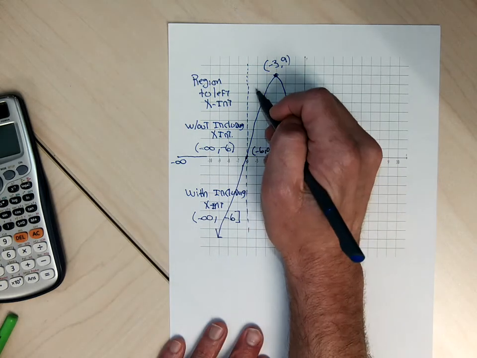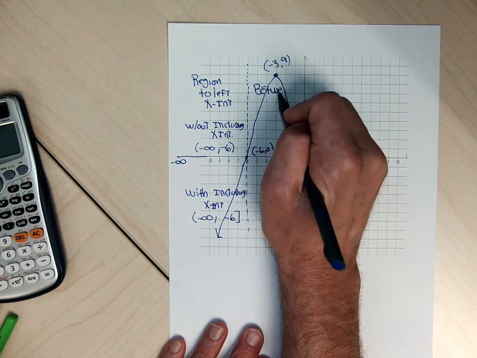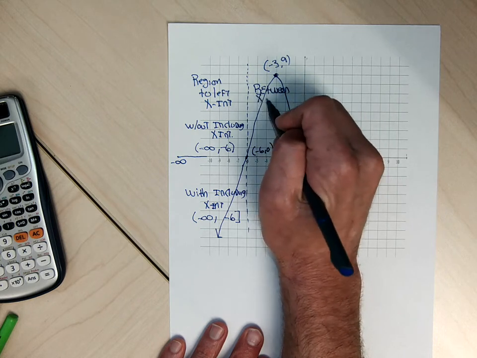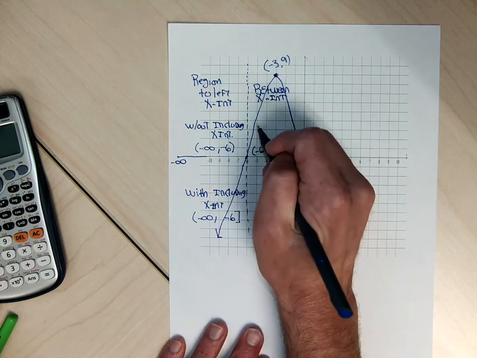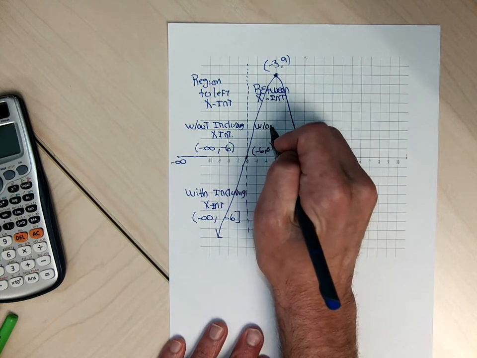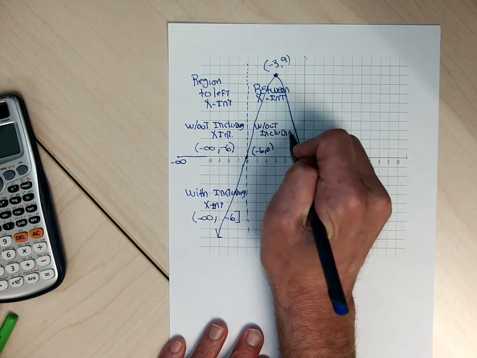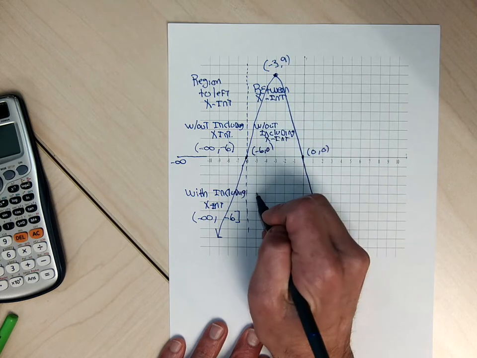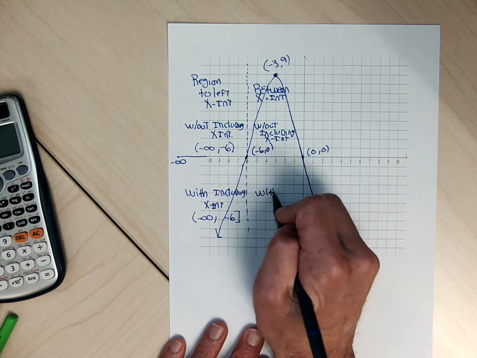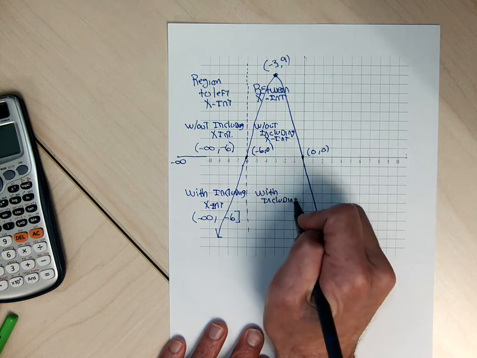Next, I'm going to describe the region between the x-intercepts. And I'm going to do it without including the x-intercept, and with including the x-intercept, that's including the point that has a y of 0.